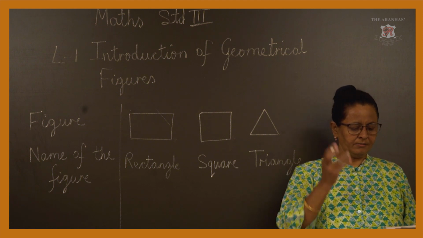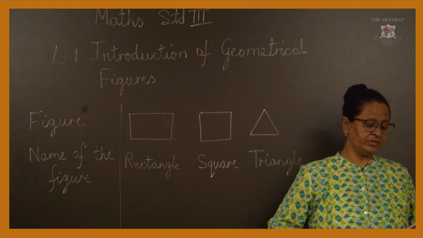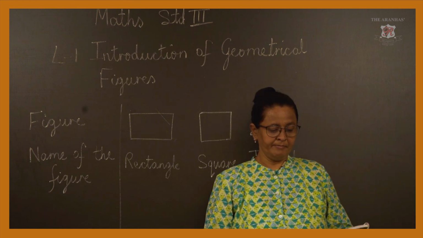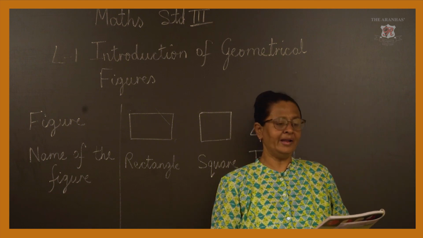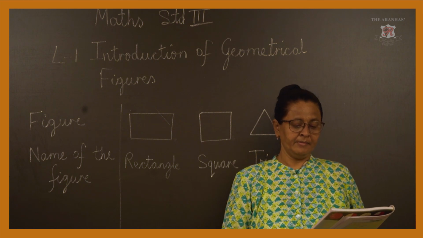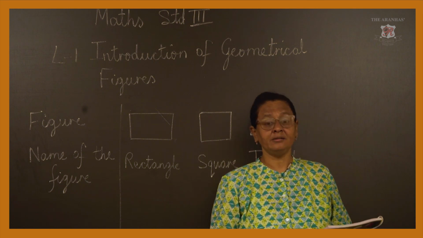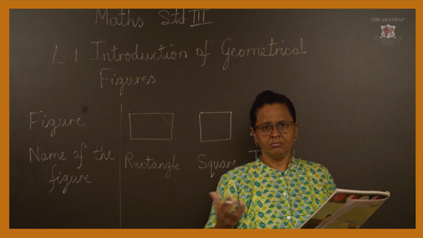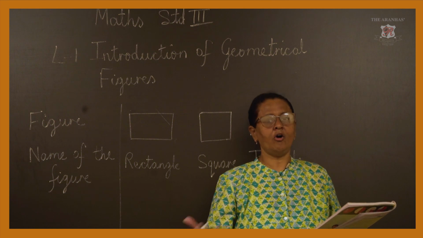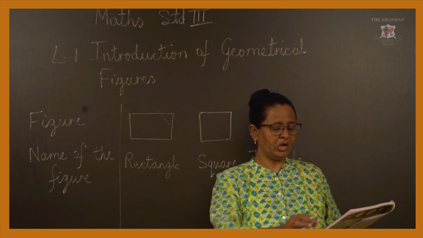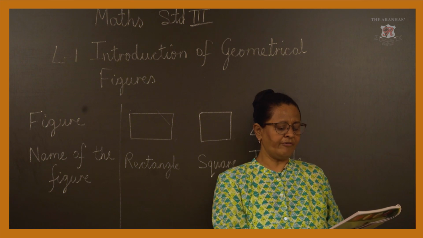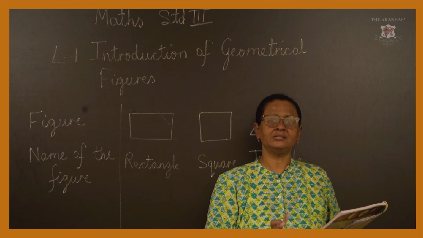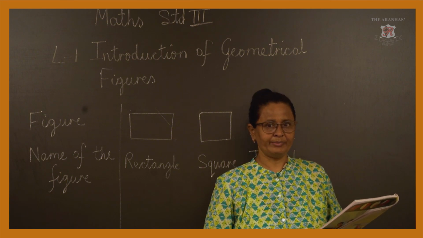Now, here is another picture which is a little confusing. Some of you might say, Miss, it looks like a mobile handset. Some might say it looks like a calculator because of the keys. The keys are not very clear here. But we are not concerned with what it is, we are concerned with the geometrical shape that it is in.